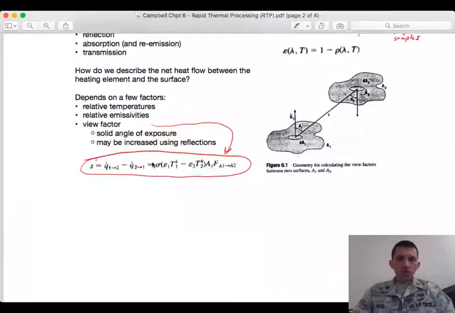And so the overall heat transfer from the lamp to the wafer depends on the relative temperatures of the lamp and the wafer. It's competing black bodies, in a sense.